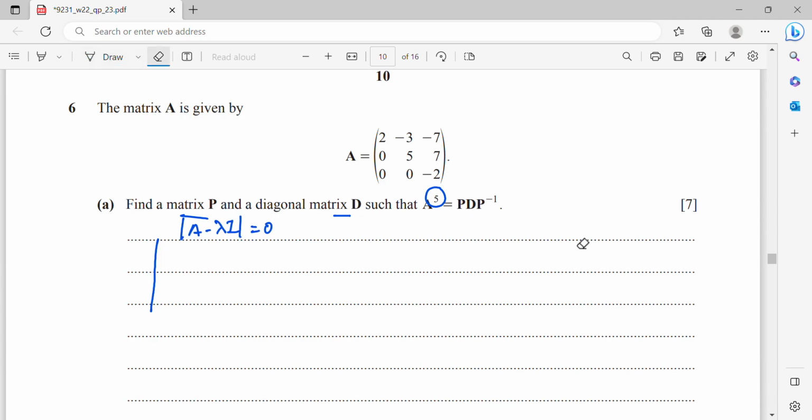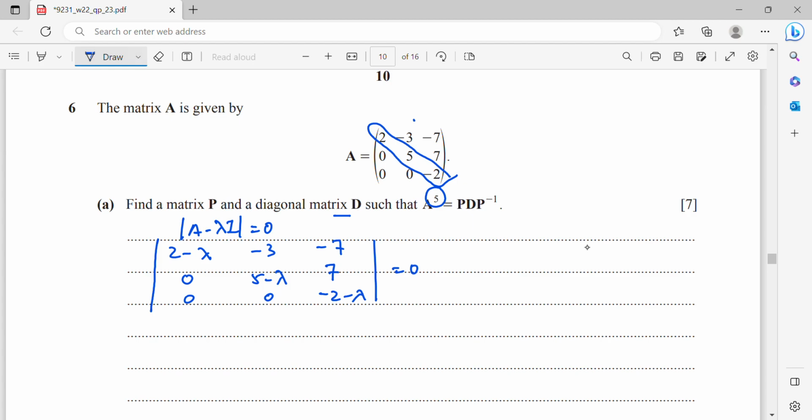So this is your A. A minus lambda I is basically the diagonal elements minus lambda. So I will get 2 minus lambda, 0, 0, minus 3, 5 minus lambda, 0, then minus 7, 7, minus 2 minus lambda equals to 0. Since this is a lower triangular matrix, all these are 0, so there's a shortcut for the determinant.